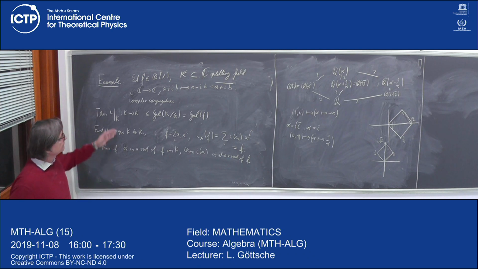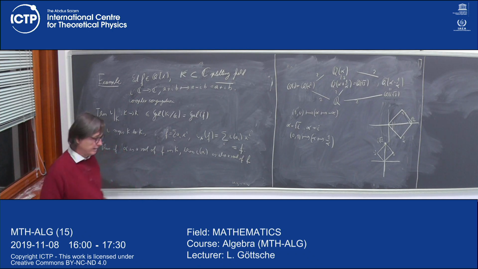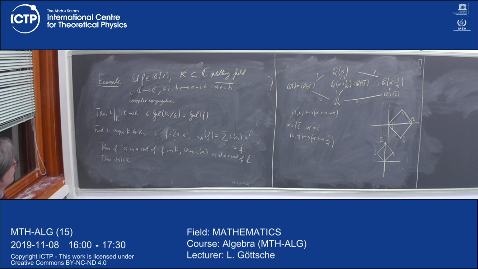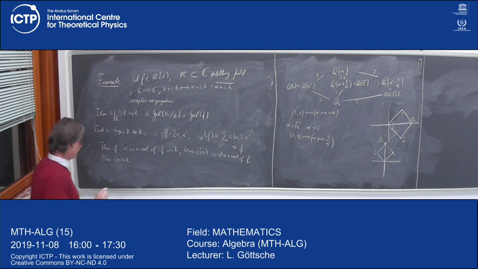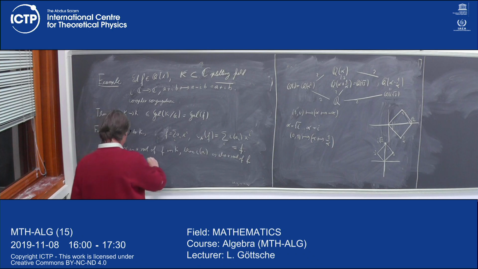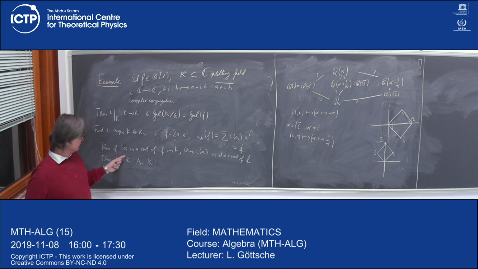And as we have assumed that this is the splitting field, it follows that iota of alpha is also in K. So as K is generated as a field over Q by the roots of f, because it's the splitting field, it follows that iota maps K to K.